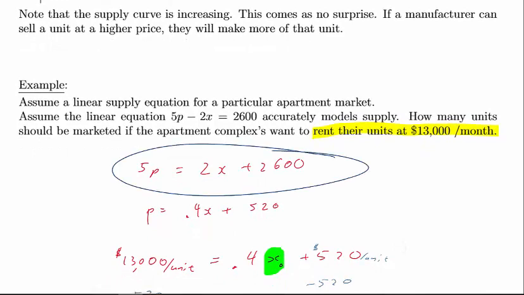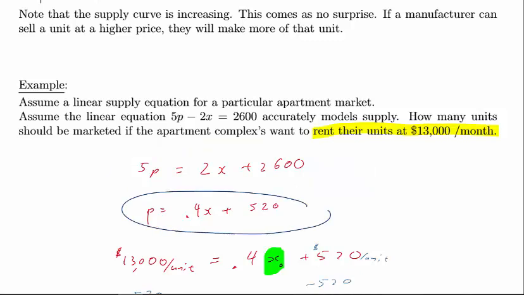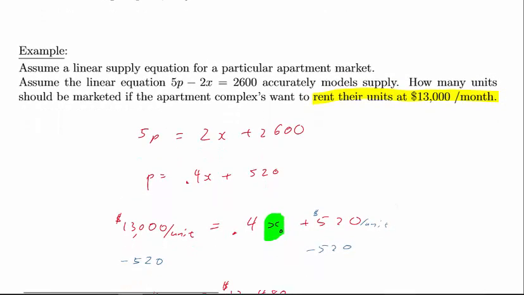So right here we just restate the problem, and note that on this step we solved it for P. That way we get a nice slope-intercept form. And then in this next step, we have simply set the price equal to $13,000 per unit, because that's what we want to sell our units for.